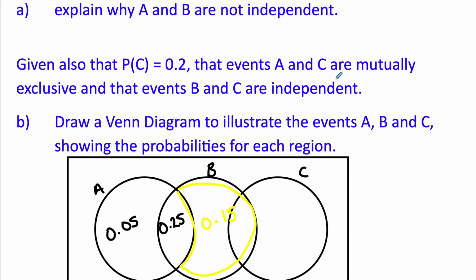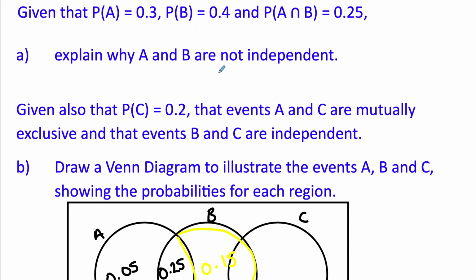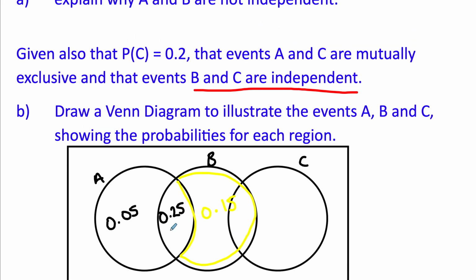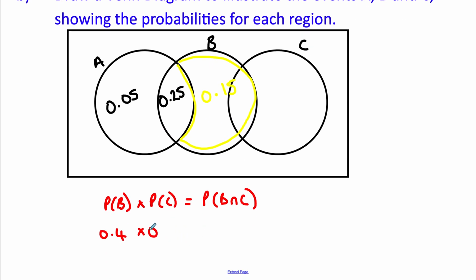We know that the next thing we're going to use is the fact that B and C are independent. That means we can use that formula. So probability of B times the probability of C needs to equal the intersect. B was 0.4, C was 0.2, which means the overlap is 0.08.